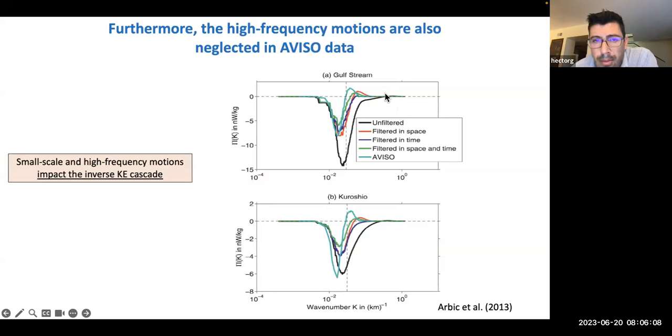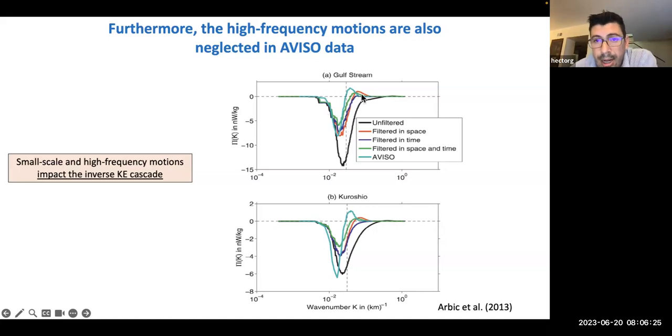I don't quite remember the particular scale that he found, but the point is that the inverse kinetic energy cascade was stronger than the one computed from AVISO data, which is represented by this cyan line here.